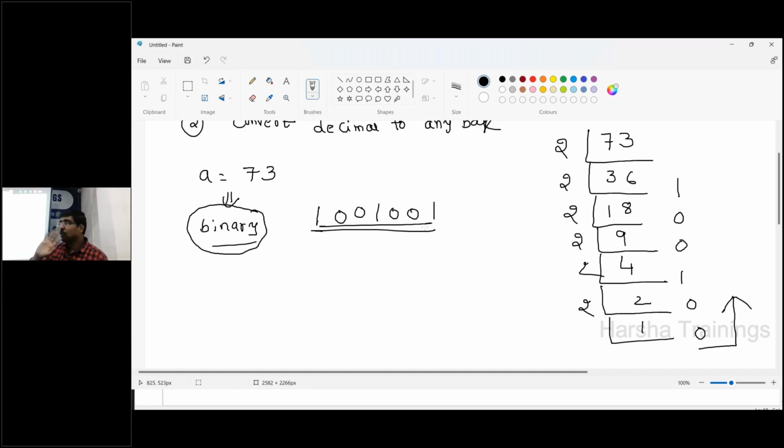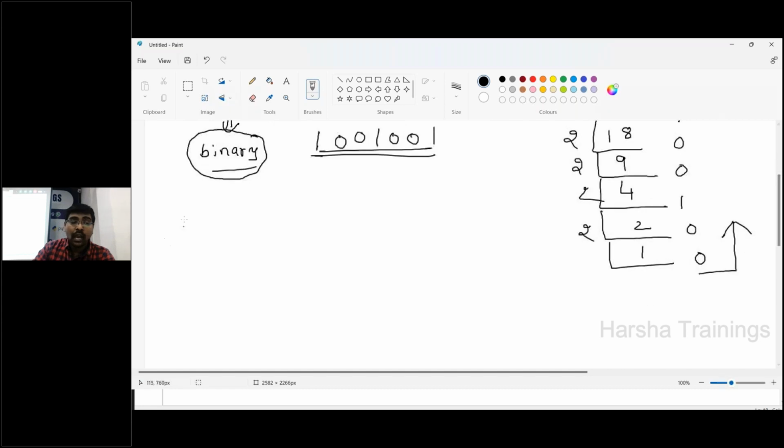But internally you don't need any logic. Suppose if you want to convert into octal, divide by 8; to convert into hexadecimal, divide by 16. That is the simple thing. Now, in Python we have three predefined functions. Everyone remember the functions.